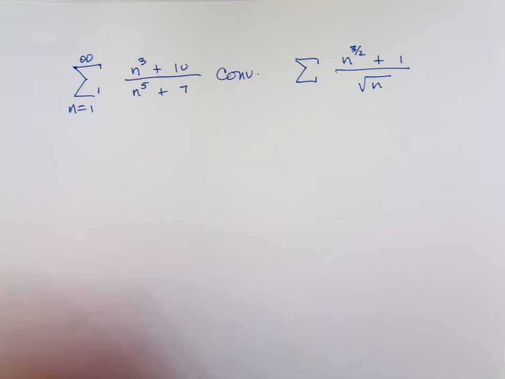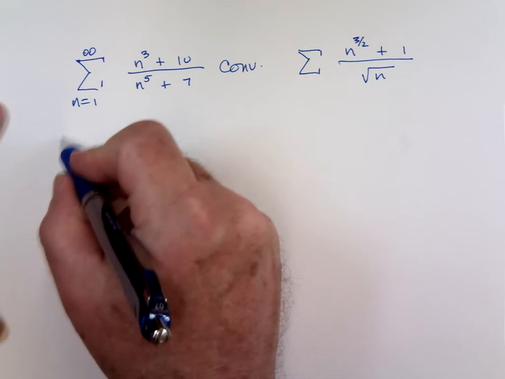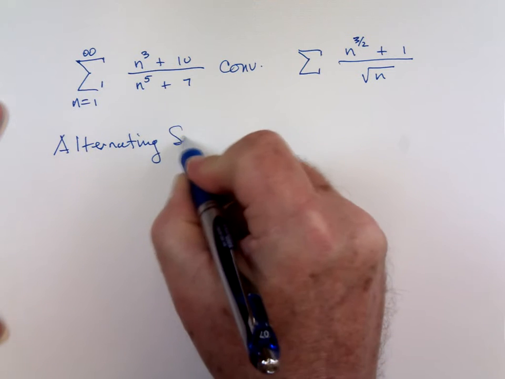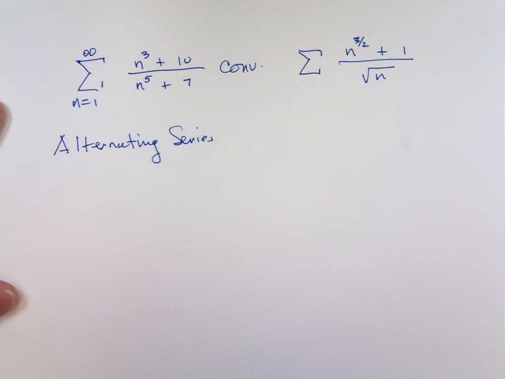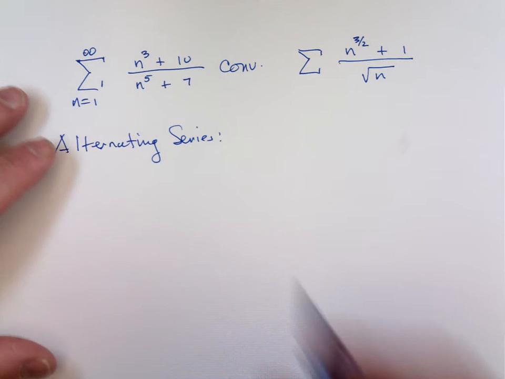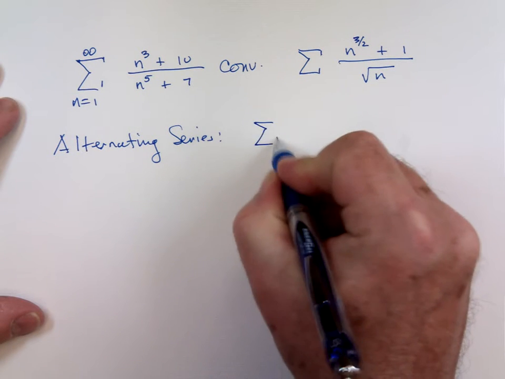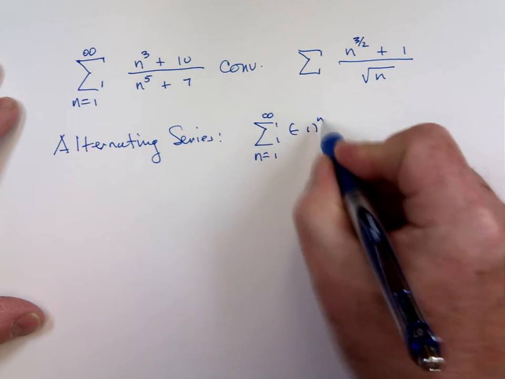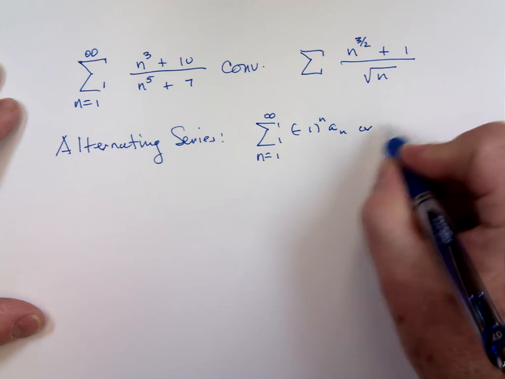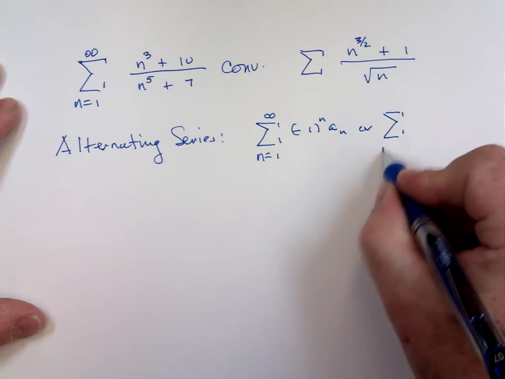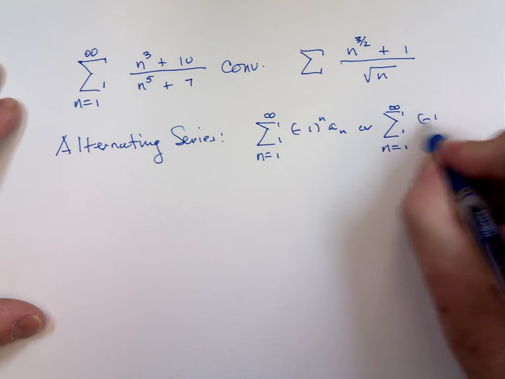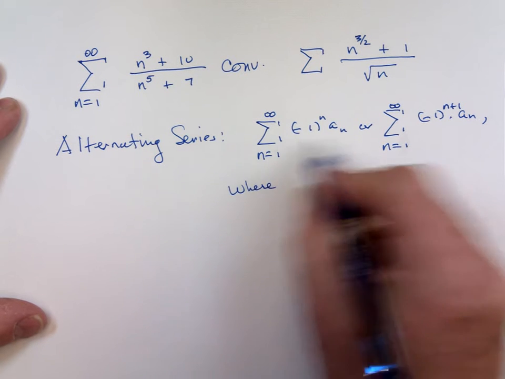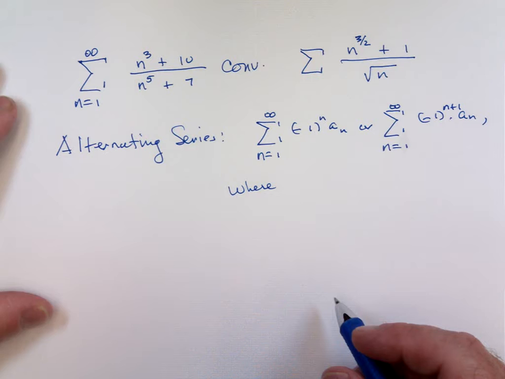Let's take a look at an alternating series. What is an alternating series? It's a series that has this form, or this form, where all the a sub i's, these here, are positive terms.